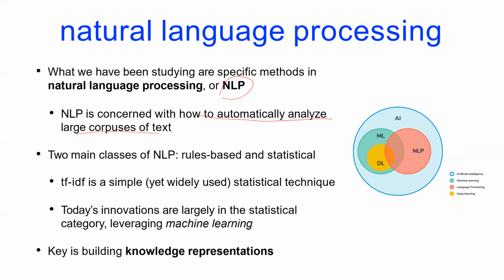There are two main classes of NLP: rule-based and statistical. TF-IDF is a simple but widely used statistical technique. Today's innovation is largely in the statistical category, leveraging machine learning. As I mentioned, NLP is super exciting.